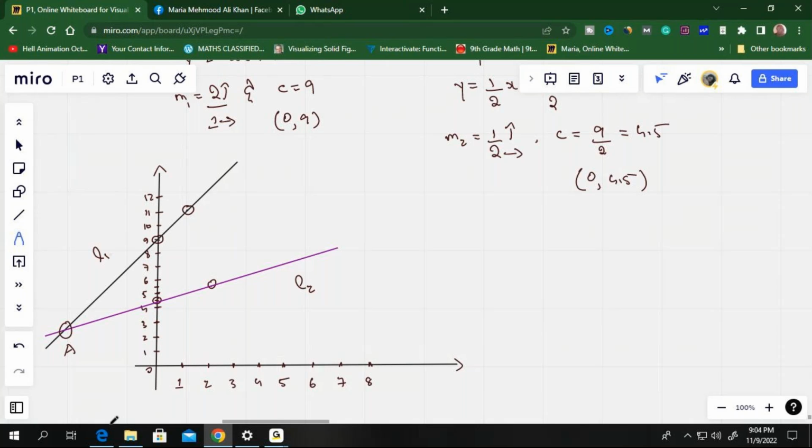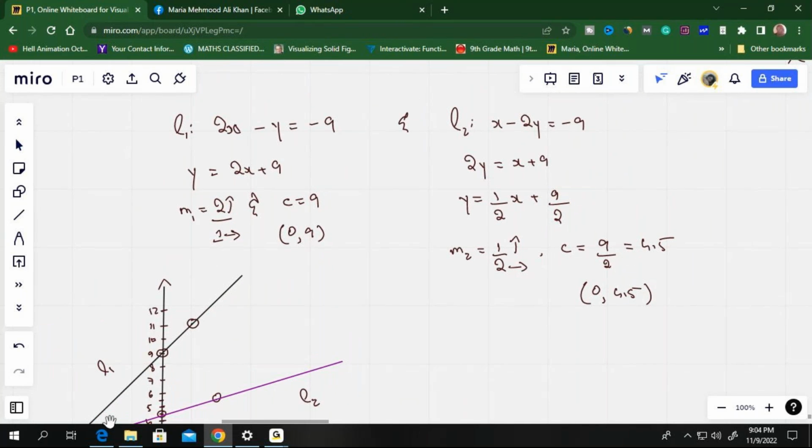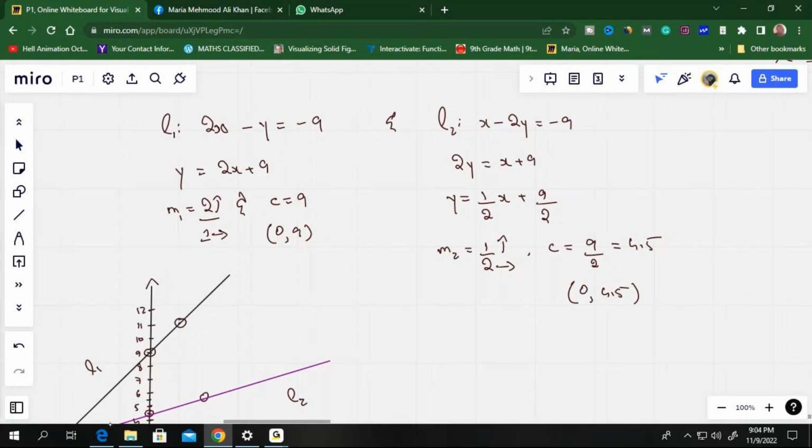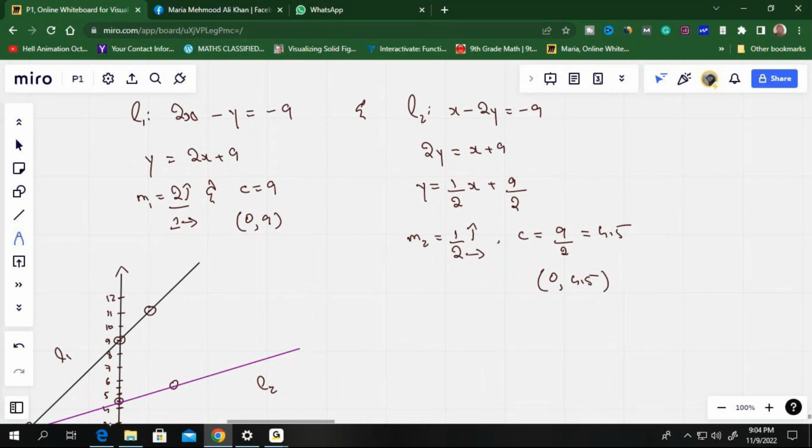So I'm going to simultaneously solve these 2 equations in order to get my point. These are the equations provided to me. I can eliminate either x or y, whatever I want. So I just decide to eliminate my y. So solving equation 1 and 2.